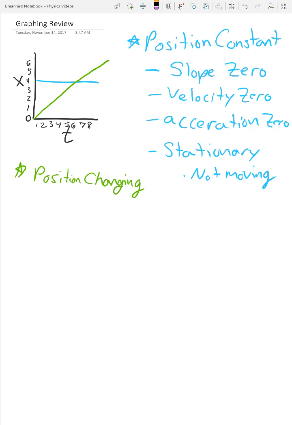It's a straight diagonal line, so our slope is constant. So if our slope's constant, that means our velocity is constant. If our velocity is constant, that means the velocity is not changing, so therefore our acceleration is 0.